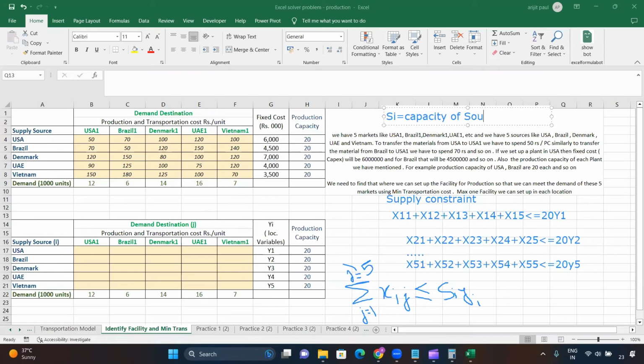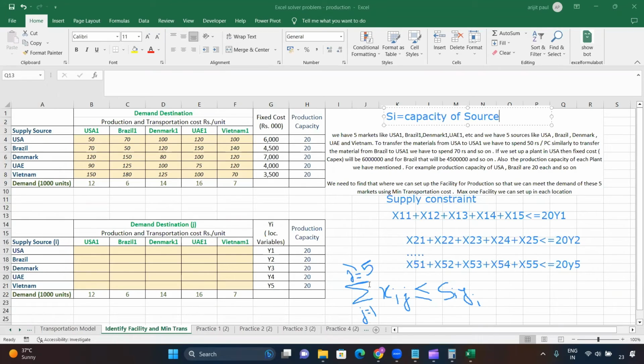Xi is nothing but the capacity of the source, multiplied by the facility location variable. This is only applicable if we set up that facility at that particular location.